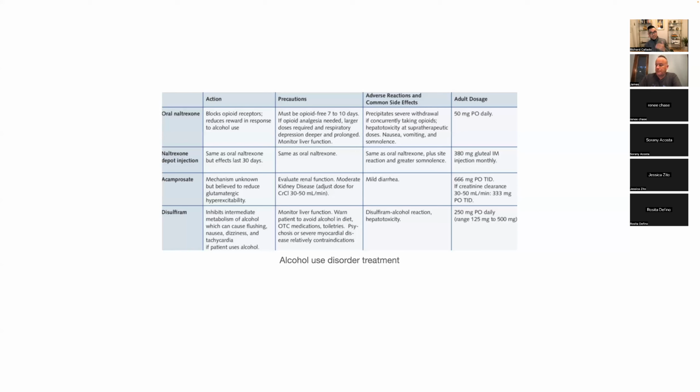So why does disulfiram cause psychosis? Anyone know? How does disulfiram cause psychosis? What does it do, first of all? Is it the acetaldehyde buildup? Okay, for alcohol, yes, but it also works on dopamine somehow. There's an enzyme called dopamine beta hydroxylase, and that's an enzyme that converts dopamine to norepinephrine.